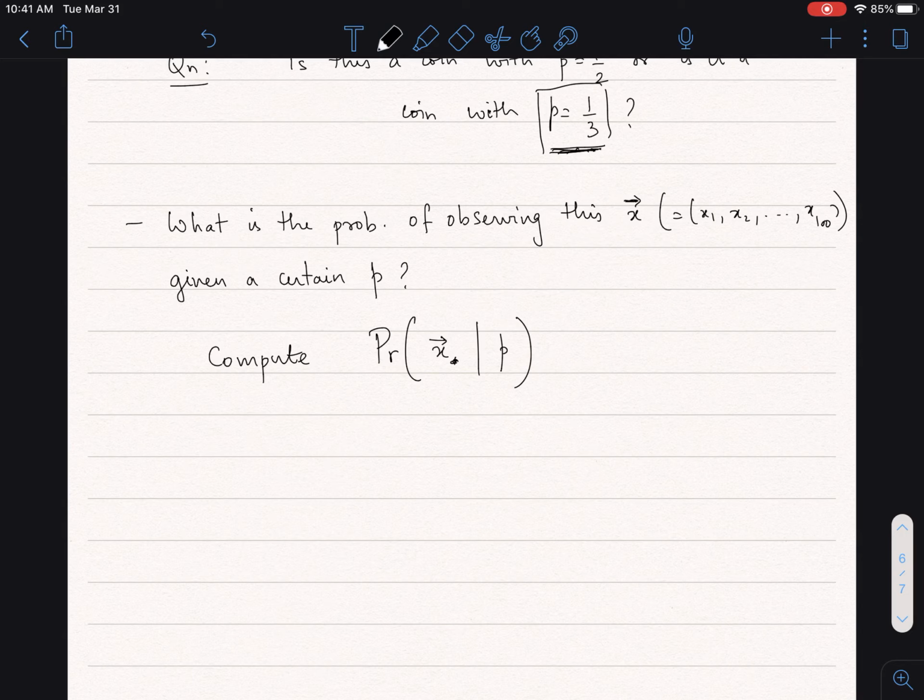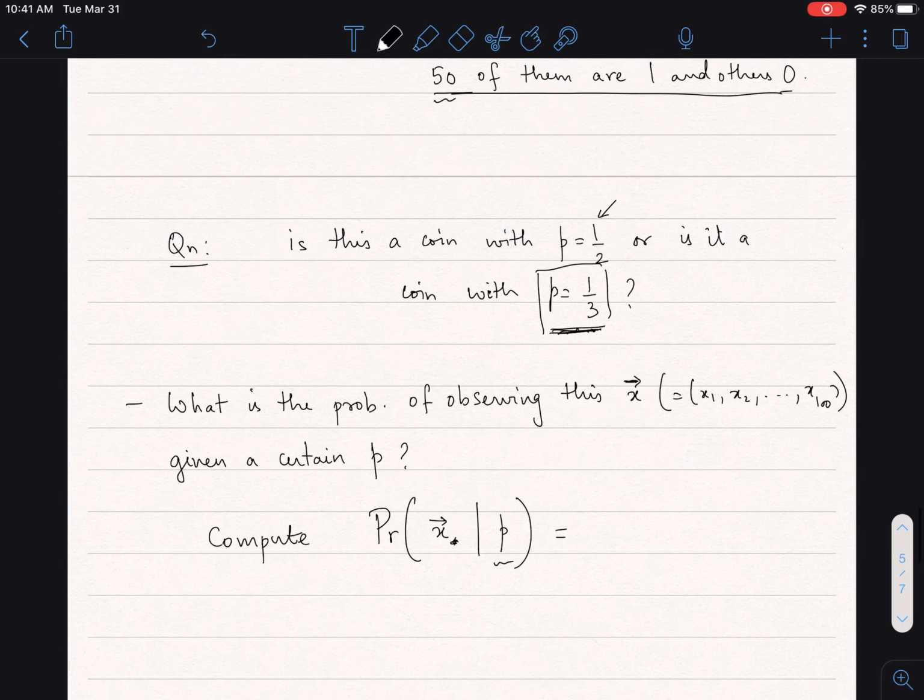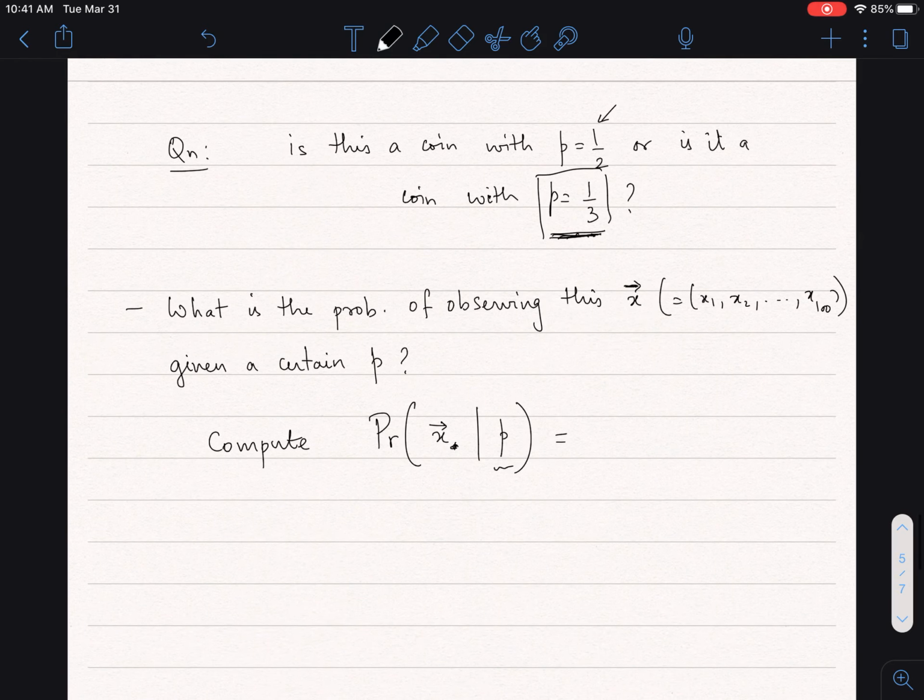If the probability of heads is some parameter p, what is the probability that I observe this sequence, given that 50 of them are heads? This would be exactly p to the power of 50 times (1 minus p) to the power of 50, because 50 of my observations were heads and 50 of my observations were tails.